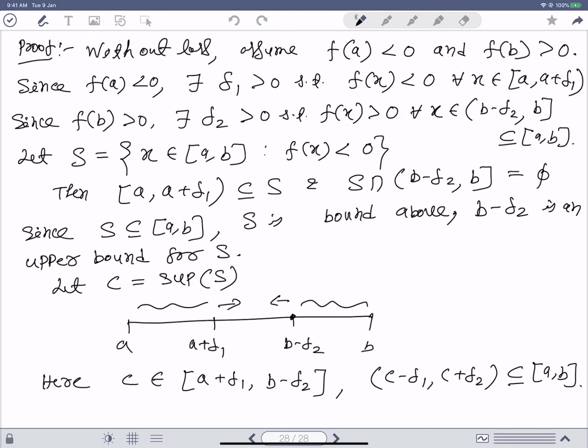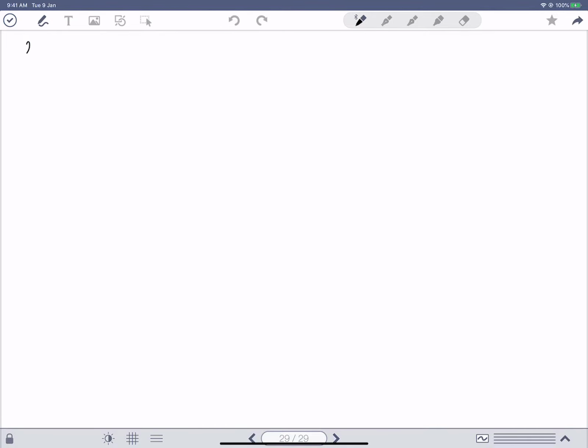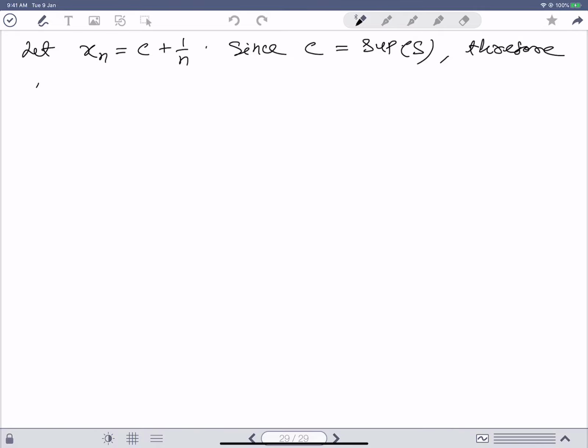Okay. Now what we will do, let xn equal C plus 1 by n. Since C is the supremum of S, therefore C plus 1 by n, that is xn, does not belong to S for all n.